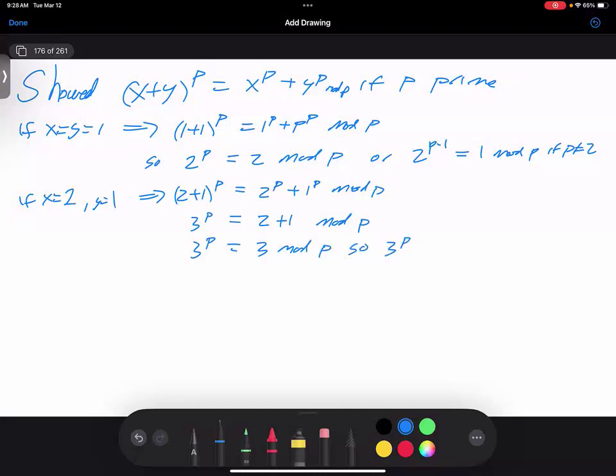So 3 to the p minus 1 equals 1 mod p if p does not equal, let's say, 2 or 3. So we've basically been able to invert, and we can just keep marching down. What have we essentially proved here?